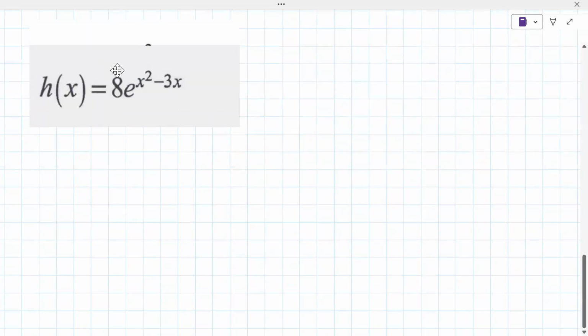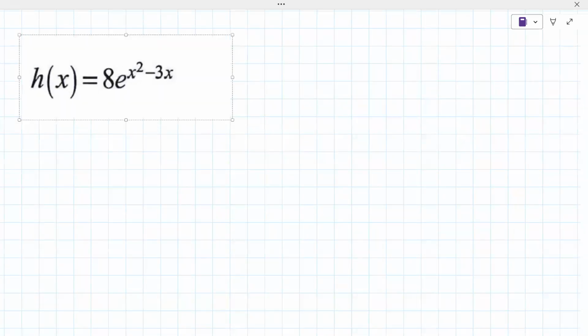So the derivative of e is itself. And the 8's just a constant, right? It comes down with it. Yes.